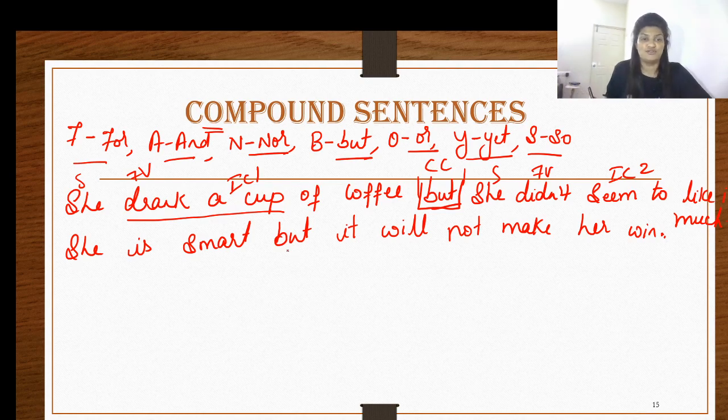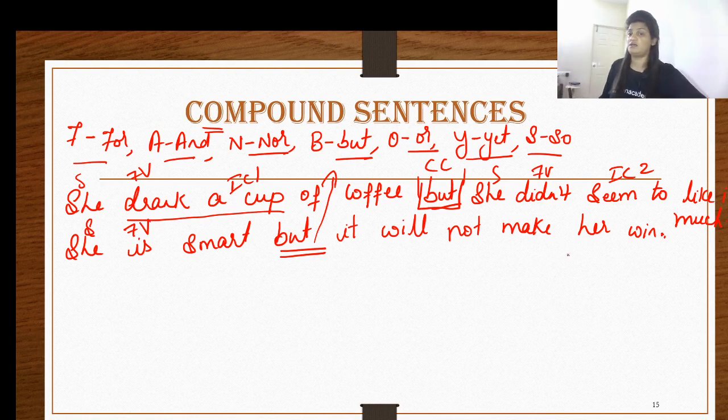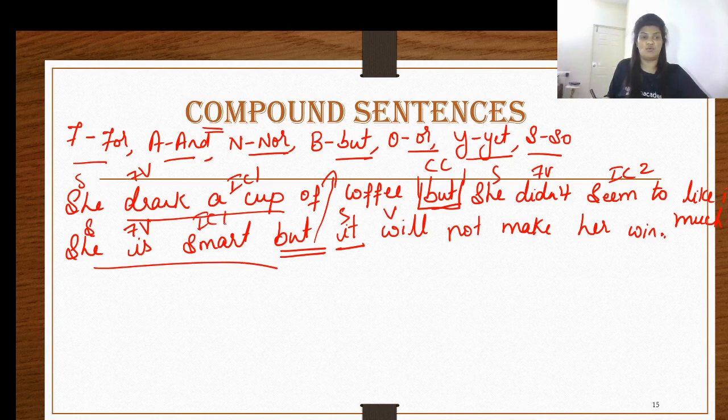So what's the conjunction over here? The conjunction is but, which is a coordinating conjunction, and there you have our subject and our finite verb. She is smart, but it will not make her win. So here, subject and verb, independent clause number 1, and independent clause number 2. It will not make her win. She is smart, but it will not make her win. So but is the conjunction, which is a coordinating conjunction.